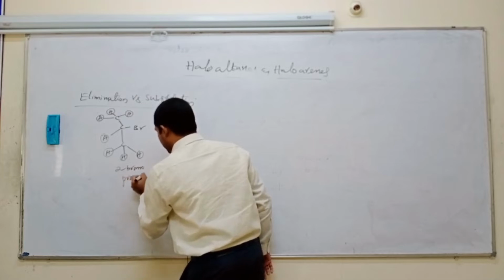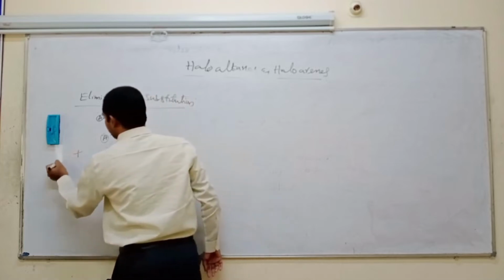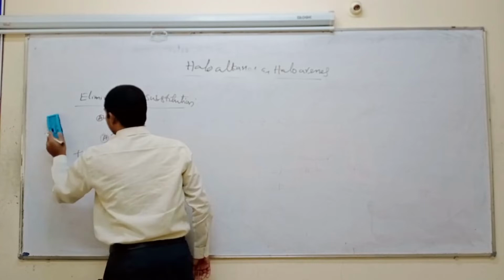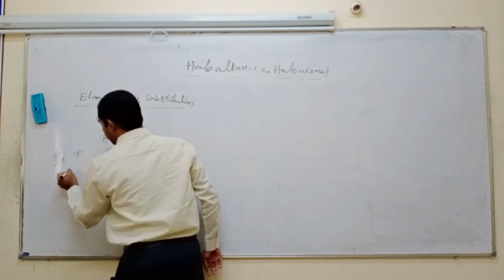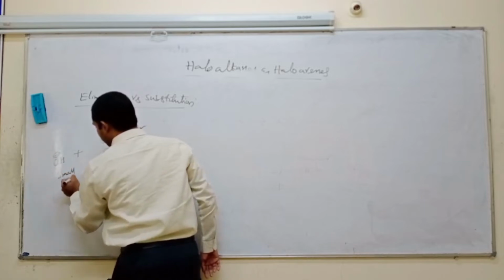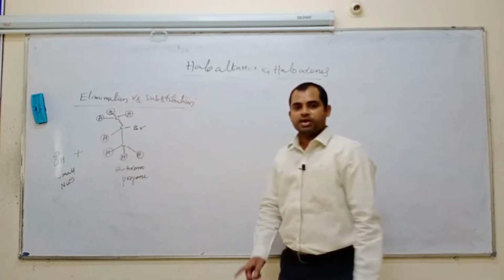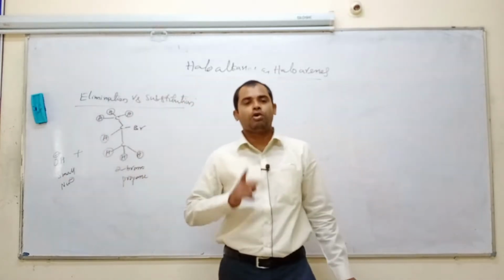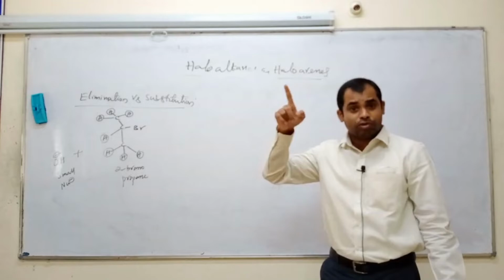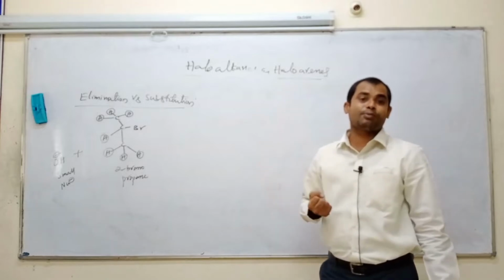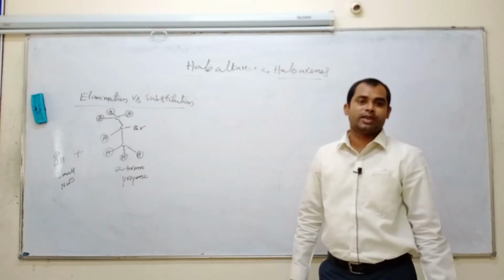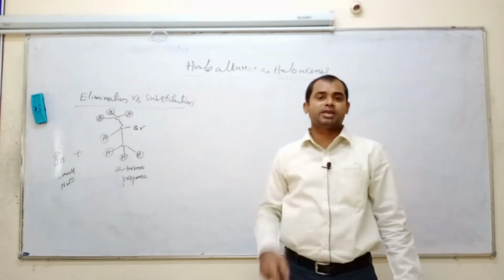It reacts with a nucleophile, suppose OH minus, which is a small nucleophile. Now compare with the previous example, the same compound 2-bromopropane. Here with a bulkier nucleophile, what happened? It abstracts the proton from the adjacent carbon atom. Why? It undergoes an elimination reaction.